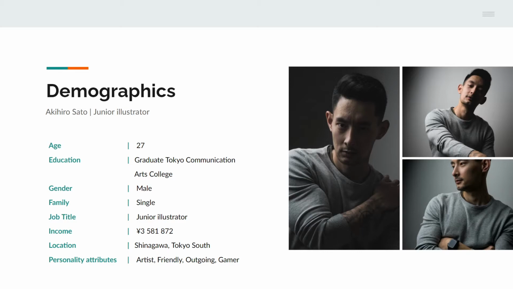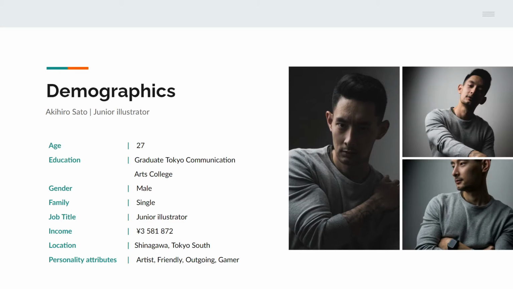Not only will you save on your advertising budget, but you'll also get much higher results per click, by just focusing hard and thinking about what type of person do I want to reach. Okay, so we've got his income over there, his location, and we've got some personality attributes for him as well.